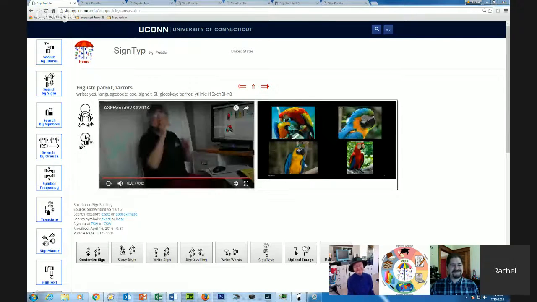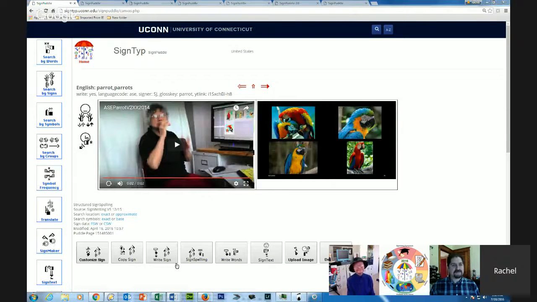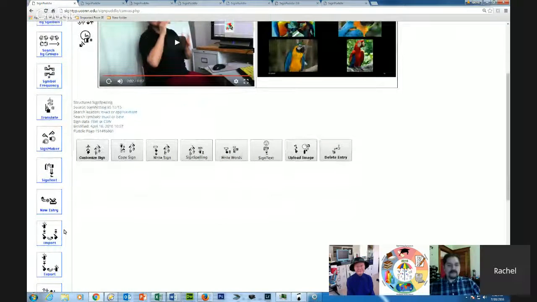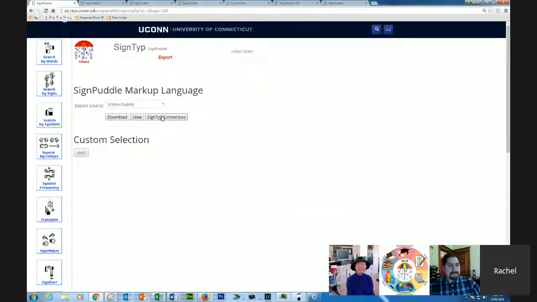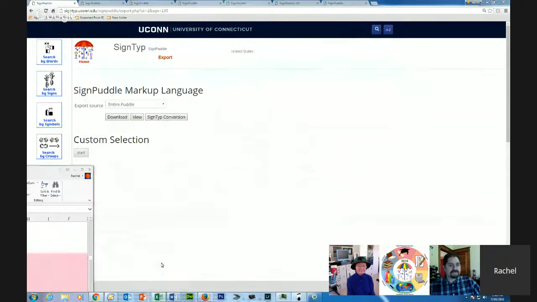Now, the purpose of doing the sign spelling, like I said, is for the computer. We're creating a research database, which is in its beginning stages. And the first part of it is what you can see when you export. So let's see, we take SignTyp conversion, and it's probably not going to be happy with me because, yeah, here it is.